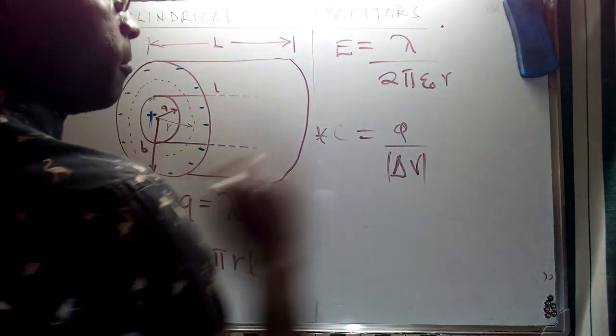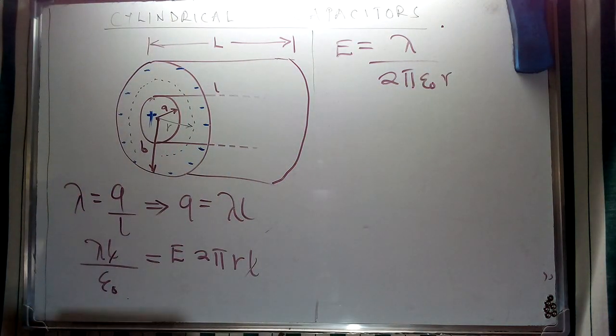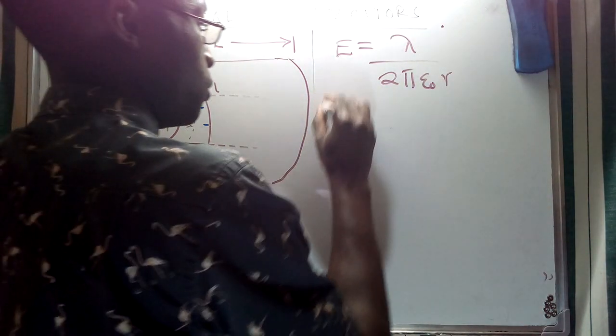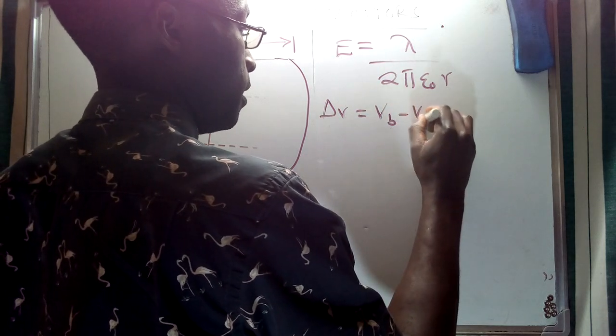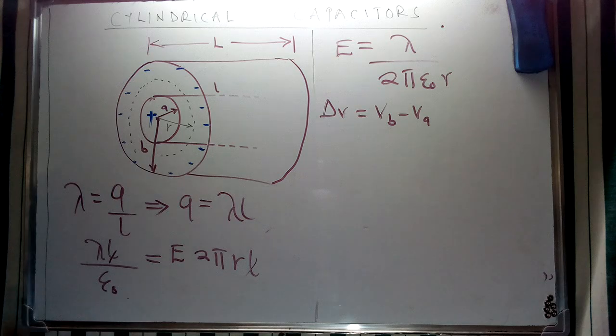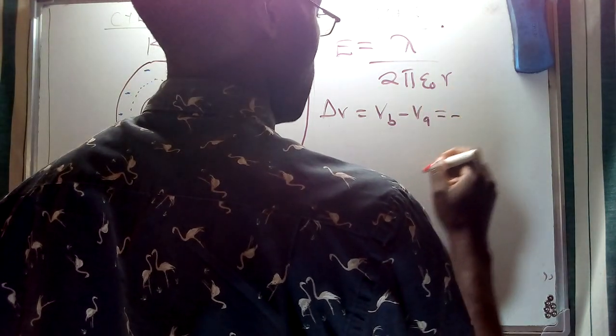Therefore, it will be incumbent for us to find out how we can find the potential difference in this specific configuration. That is going to be delta V is equivalent to V at b minus V at a from this specific configuration. And I would say that this is equivalent to the negative value.